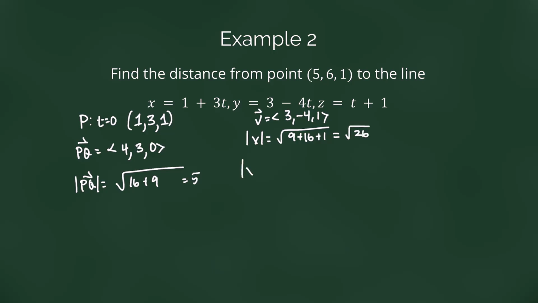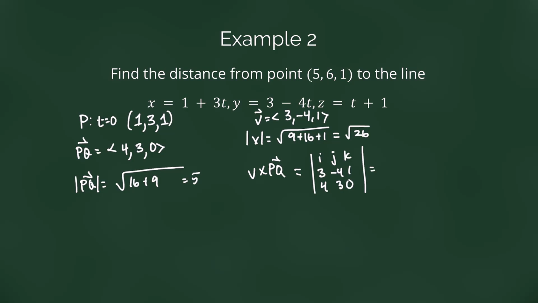Last thing to do is the cross product. Well, two more things. We have to do the cross product of v and PQ and then find its magnitude. Let me remove the magnitude symbols here, because first I'm finding the vector. v cross PQ is the vector that we get when we take the determinant of this matrix.